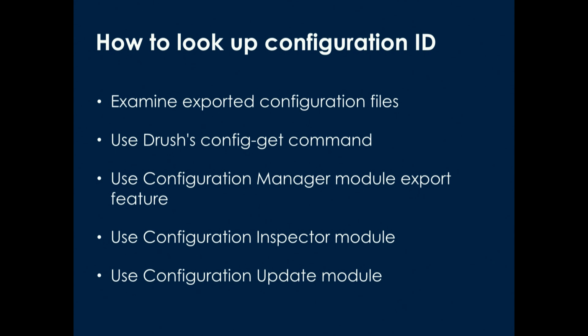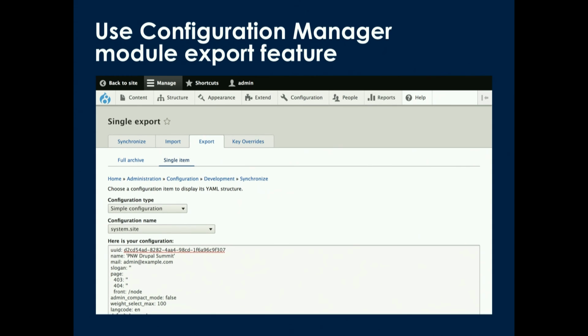If you use the configuration manager, which is built into Drupal core, you can take a look at the export screen and find a value there. There's another module called configuration inspector, or you can use the configuration update module. So I'll show you those.